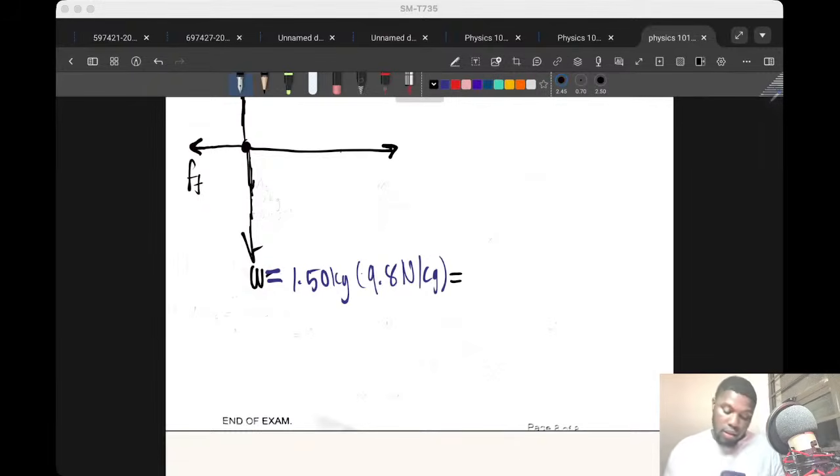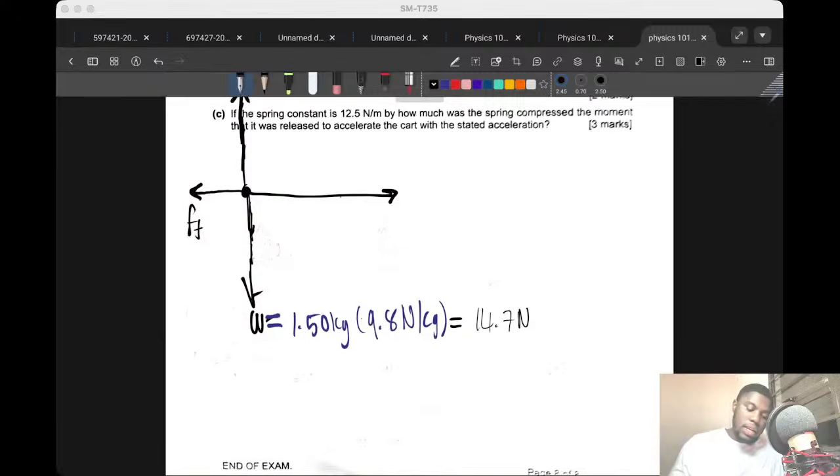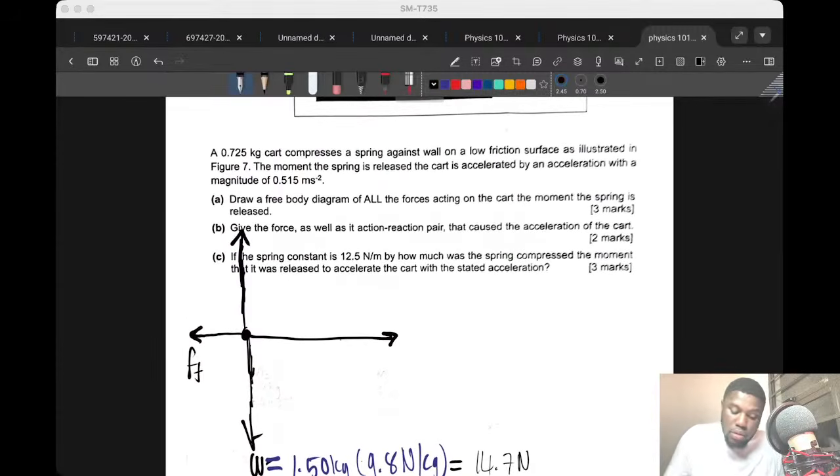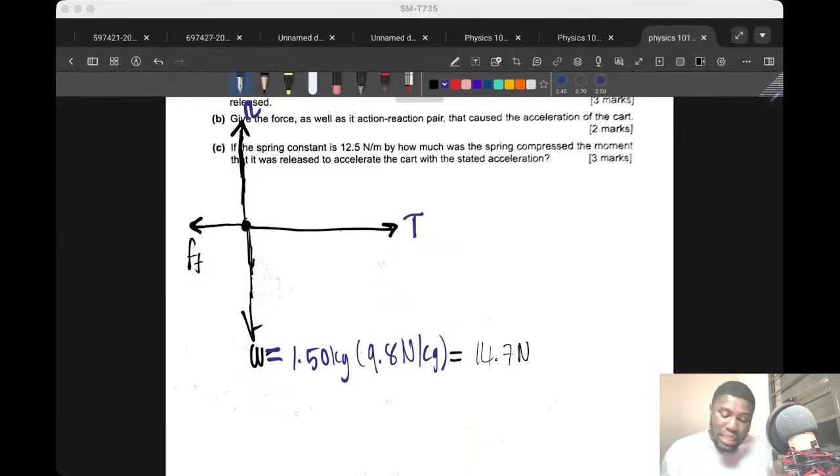Let me punch it in. 14.7 newtons. You just draw the free body diagram. Force in a rope is called tension. This is the normal force. Force of friction is in the opposite x direction. So here's our free body diagram. This is easy.